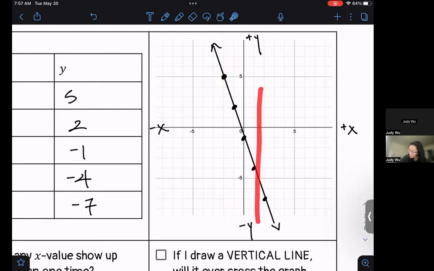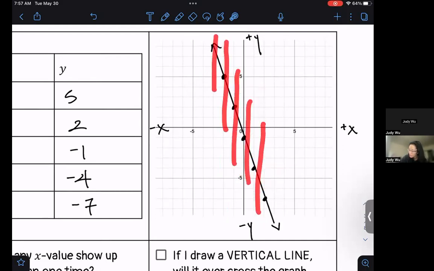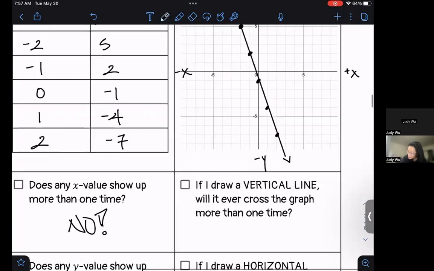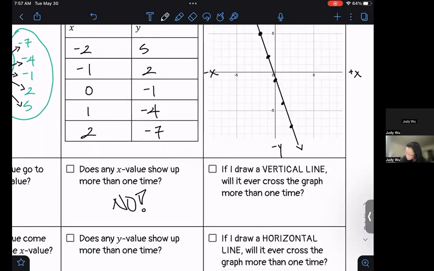I could draw a different vertical line. It only crosses the function one time. And no matter where I draw these vertical lines, each line is only going to cross the function one time. So if I draw a vertical line, will it cross the graph more than one time?